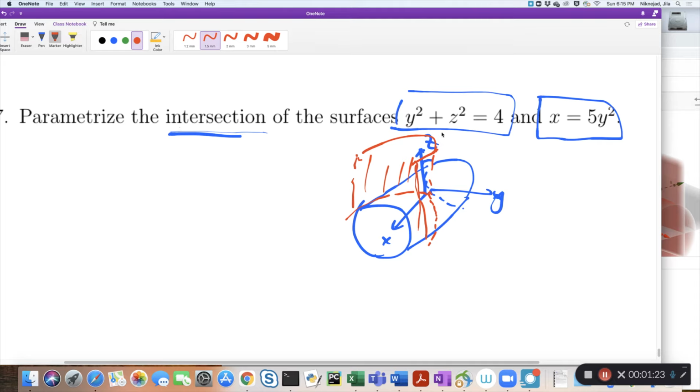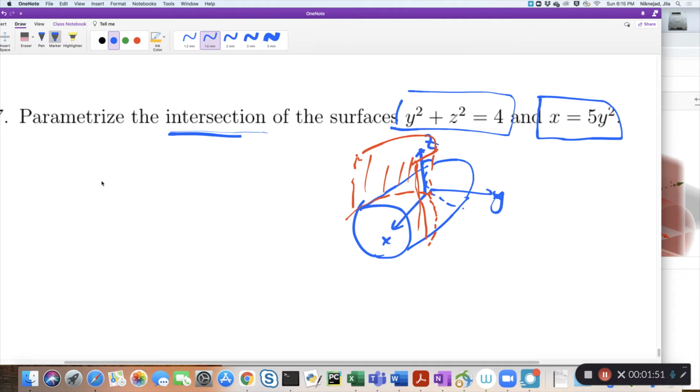Now the question is saying, well, it's perfectly fine to say the curve of intersection of these two, and that's more intrinsic. And now basically what you want to do is to find a parameterization of it, and parameterization depends on t, but also gives us a vector function.